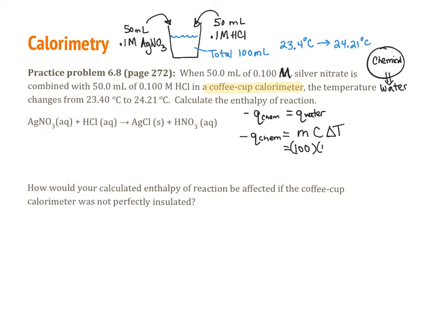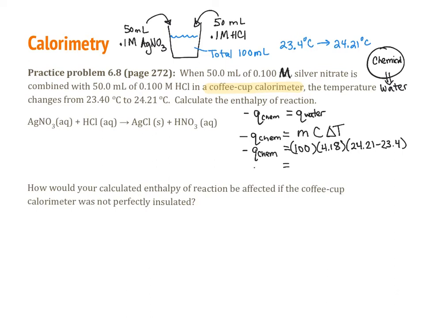And I know the heat capacity of water is 4.18 joules for 1 gram to go up 1 degree Celsius. And our temperature change is 24.21 minus 23.4. So I can figure out the heat gained by the water, and that's going to be equal to the energy lost by the chemicals.